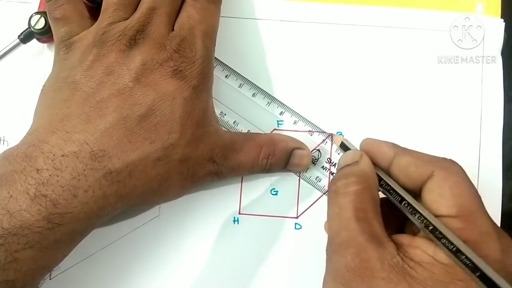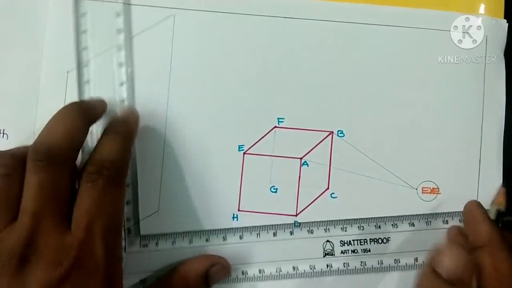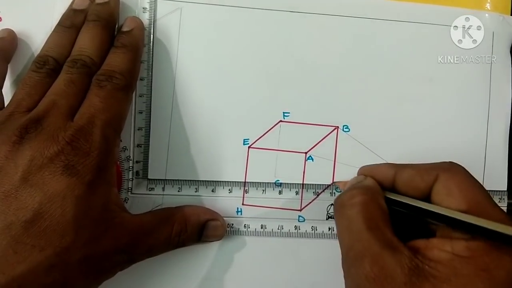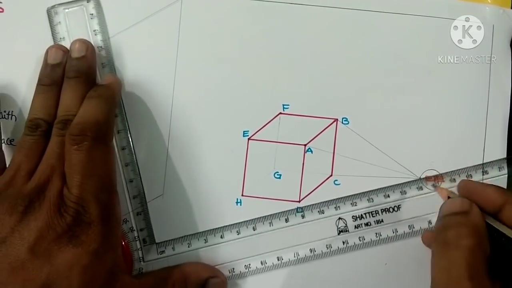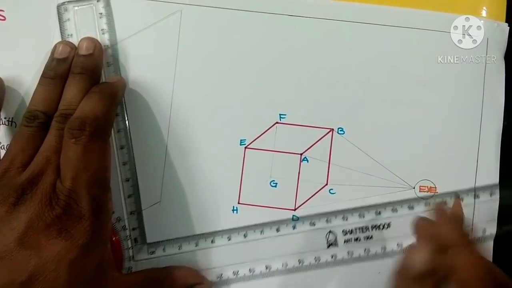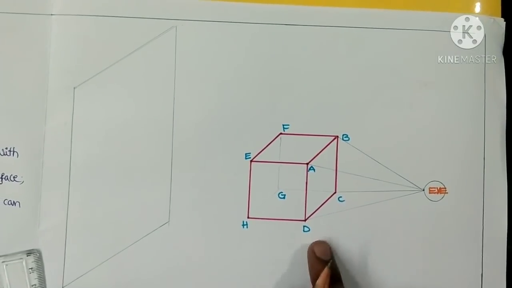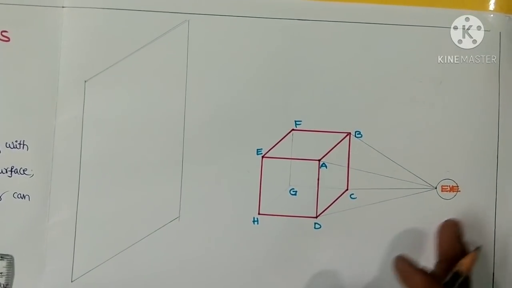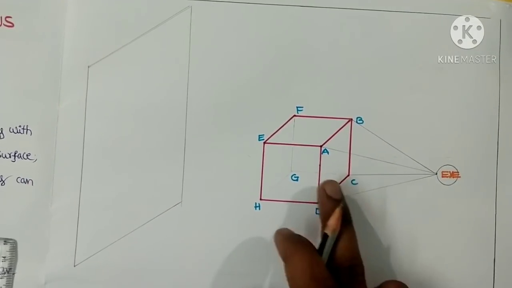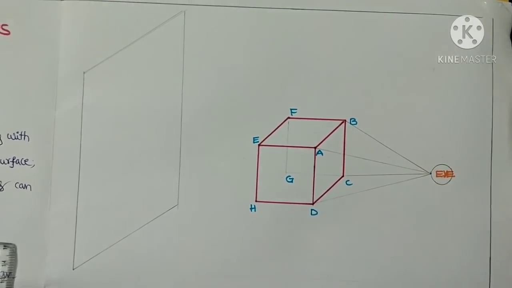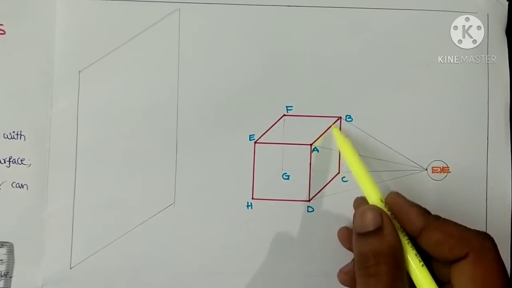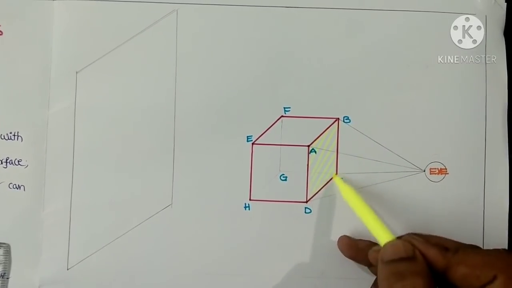It meets here, this is the ray from the eye of the observer to the point C, and here this is the ray from the eye of the observer to the point D. In this way the rays will go from the eye of the observer to the various points of the object. So this particular surface is visible in this direction.